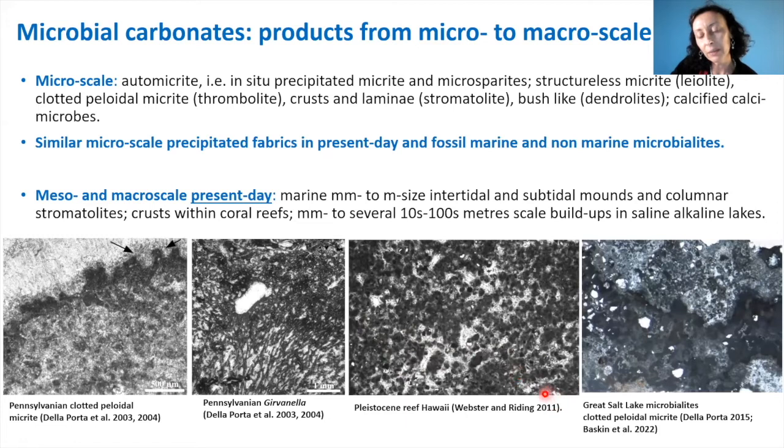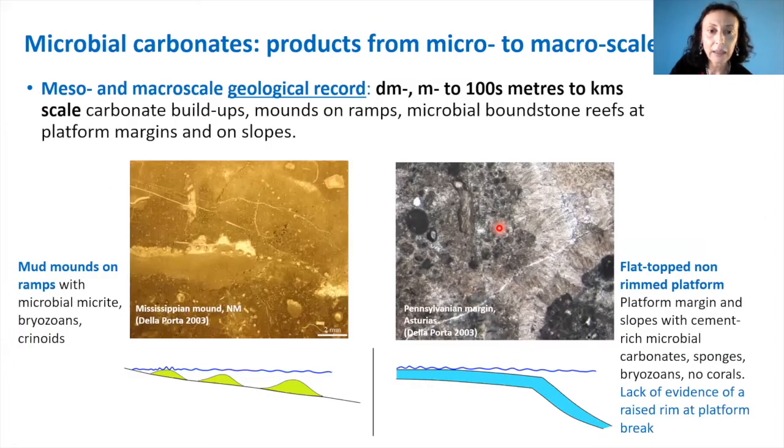And the difference between the fossil record and nowadays is that nowadays we can have several meter scale buildups in a lacustrine setting, but in the marine environment, we observe millimeter to meter size microbial carbonates. Instead, if we look at the geological record, we see that microbial carbonates could develop decimeter to meter to hundreds of meters or kilometers of carbonate buildups.